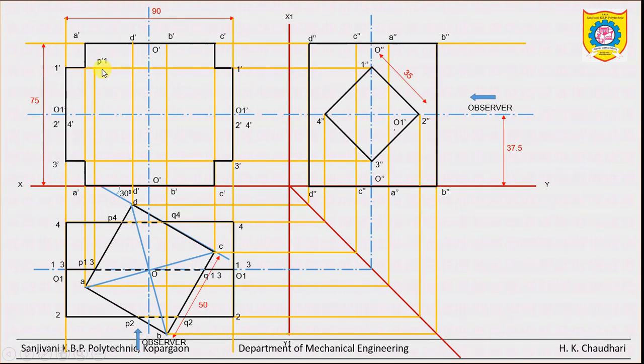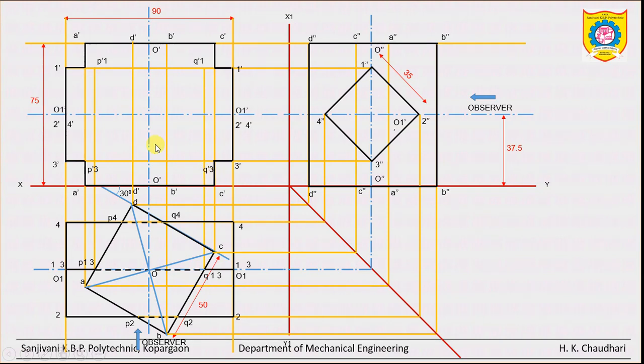So P1 we got here. Similarly from Q1 we got Q1 here. The same line of projection is for point P3 also, and here also Q3. So just on the horizontal projection of H3 we can locate P3 here and Q3 on this side.